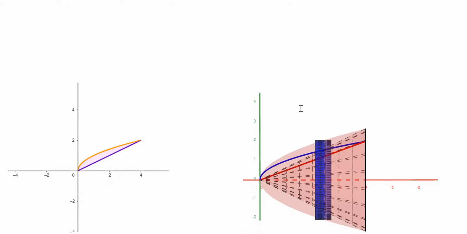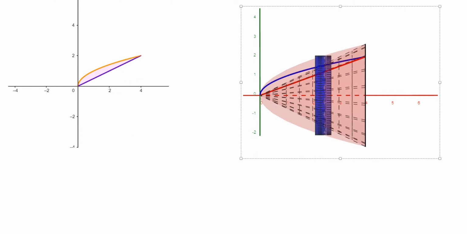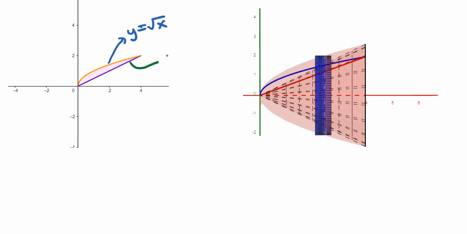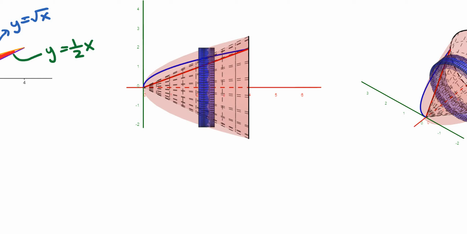Okay, so if I go down here, here are a few more visuals of what's happening in this particular problem. This one right here, I think we established as y equals root x. And the bottom graph is y equals 1/2 x. And then I'm going to shade in this red region here. This region right here is being rotated around the x-axis. And if I take a look at this very first diagram, I'll use green this time, but this is the area that's being enclosed.